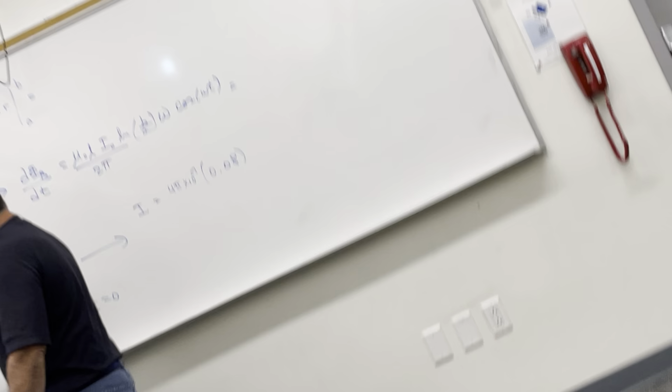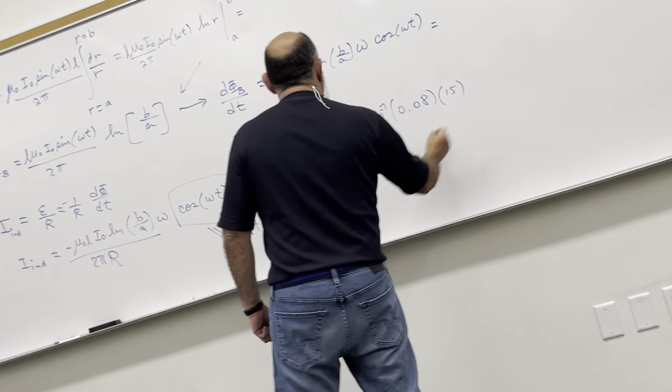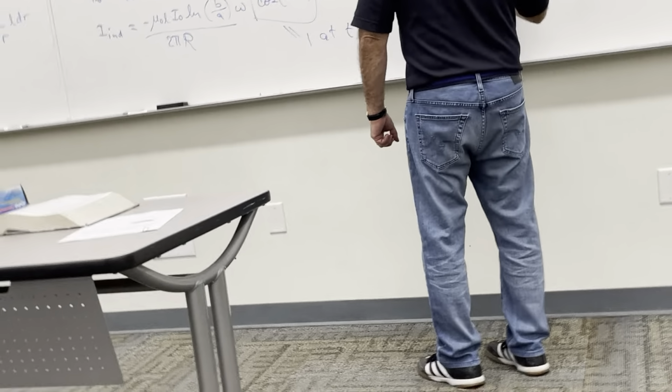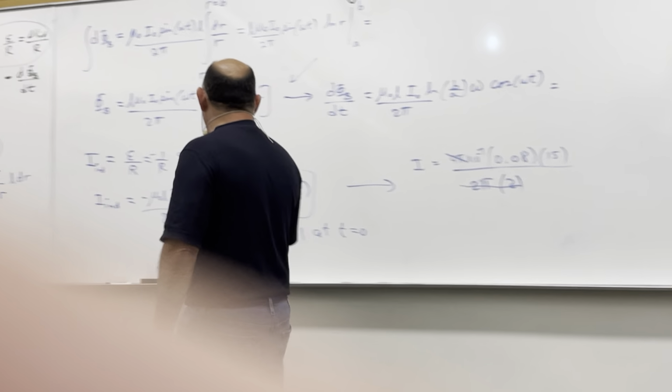That's L. I naught is the amplitude, which is 15 amps, divided by 2 pi R, where R is the resistance, and I think we were told that the resistance was 2 ohms. So that's convenient. This 4 pi cancels this 4 pi, so I don't have to include them in the algebra.